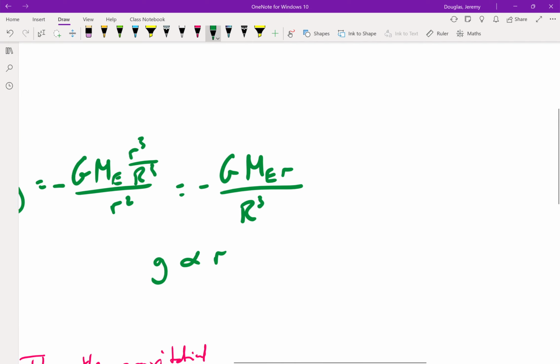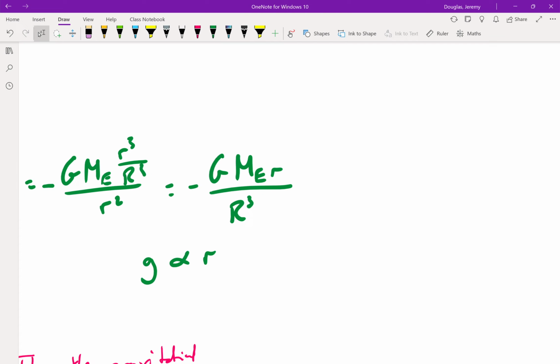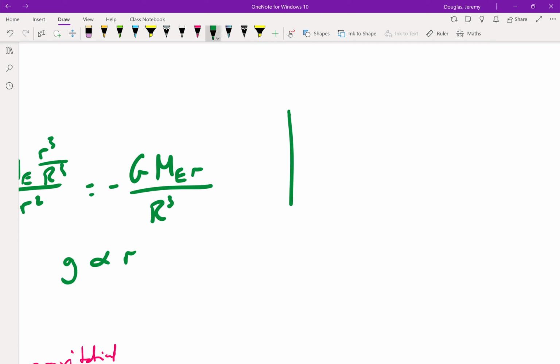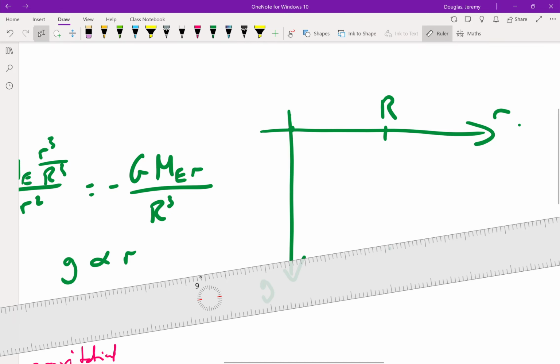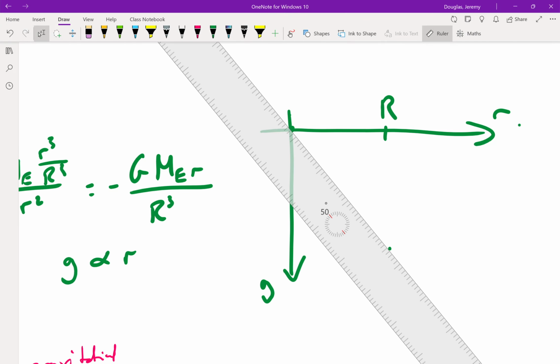So what we're going to find, if we were to plot g versus r, little r like that, and let's say that is big R, the radius of the Earth, is that g is basically going to be zero right in the middle, and then we're going to be increasing linearly up until we get out to the surface, where it reaches a maximum, and then it begins to fall.